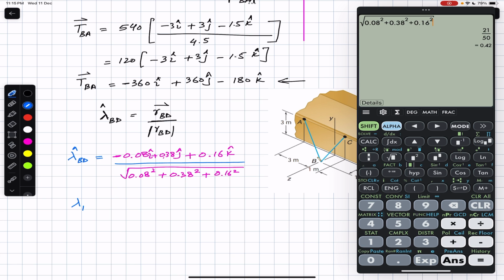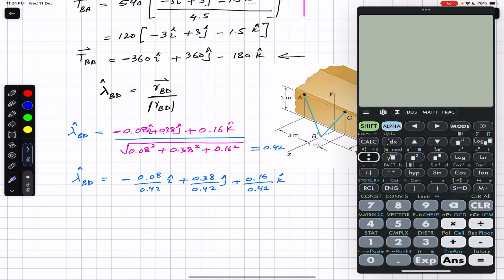The unit vector from B to D is equal to, with magnitude 0.42, and we can divide each and every component by 0.42. So this is equal to minus 0.08 divided by 0.42 i plus 0.38 divided by 0.42 j plus 0.16 divided by 0.42 k.